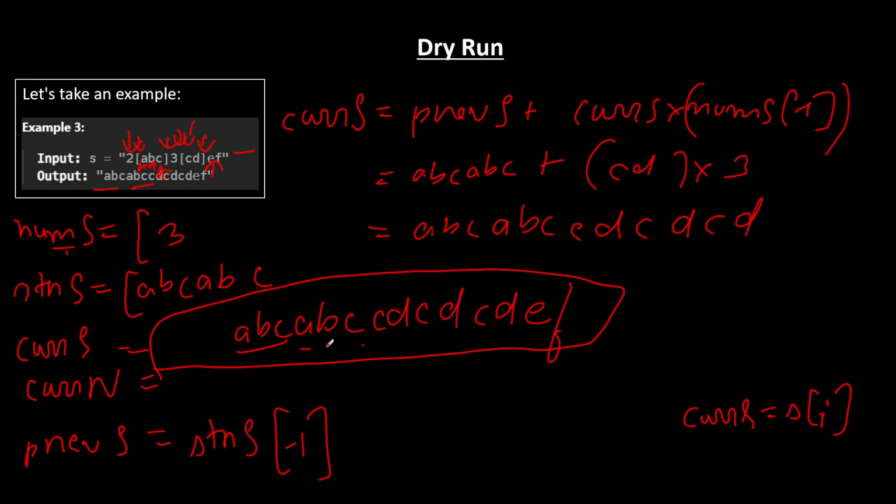You could see ABC, ABC, then CD, CD. Clear this up. Now you could see I have 2 times ABC, then CD 3 times, and EF 1 time. So we got the correct output, we would say.